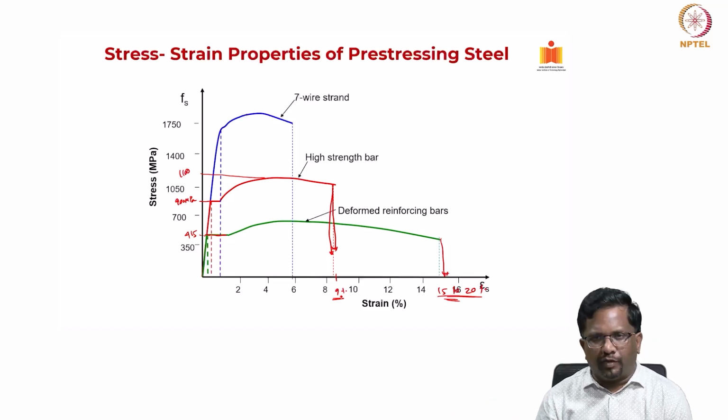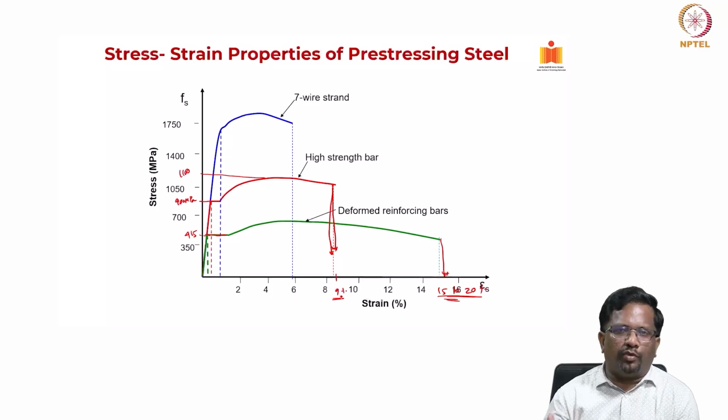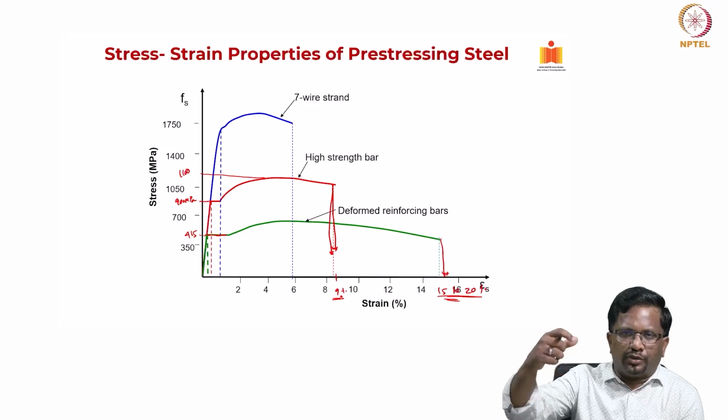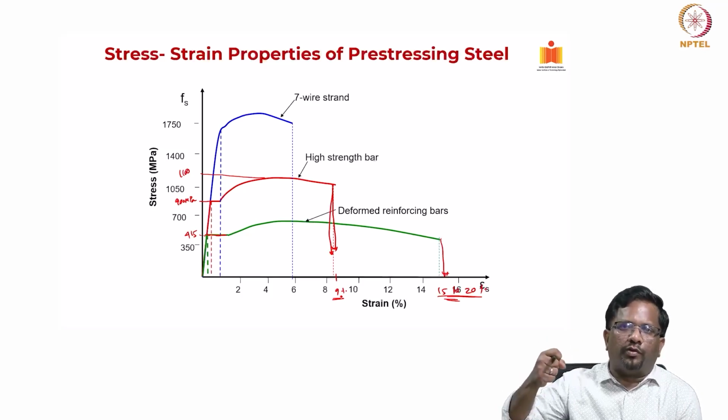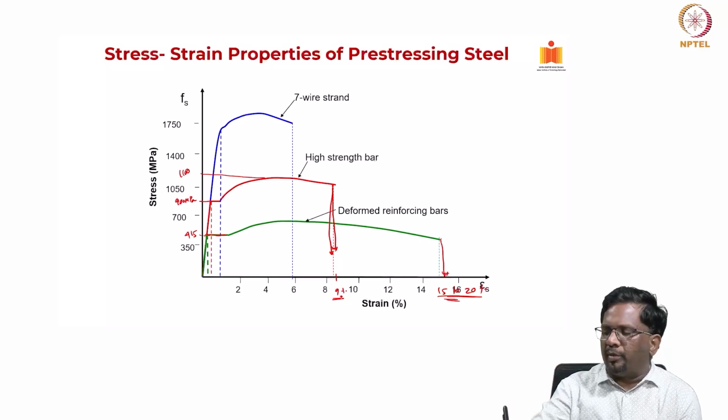Similarly, if you go to 7-wire strand, which is the most common form of prestressing steel that I have told you, due to this wire drawing process, what happens is your yield strength goes up significantly and your ultimate strength also goes up.